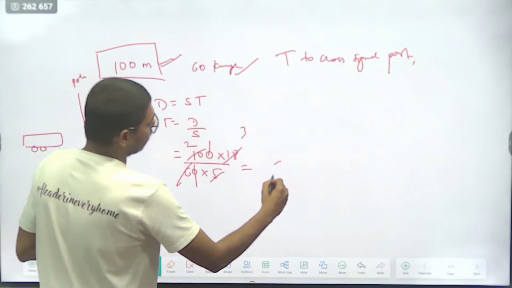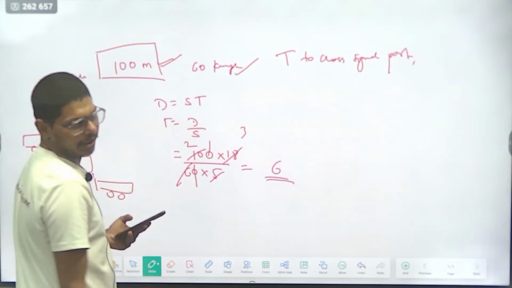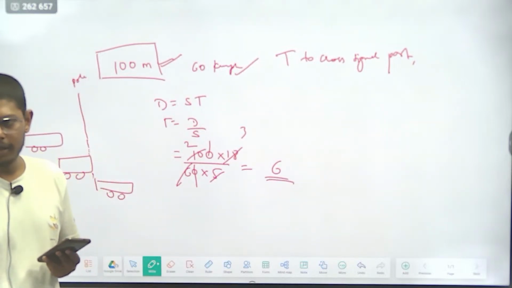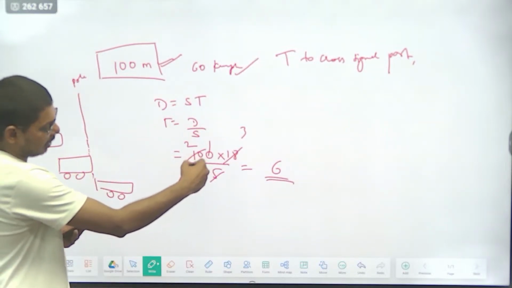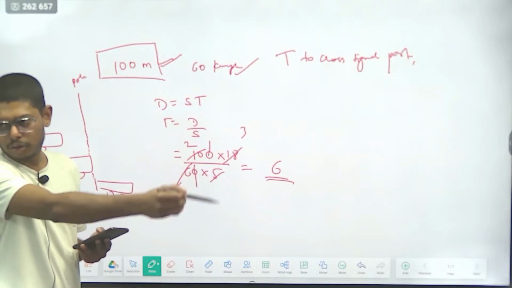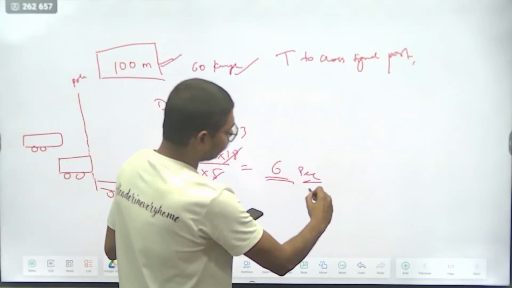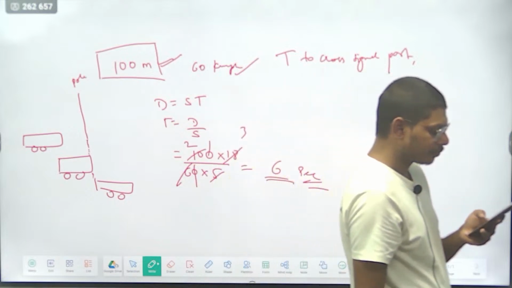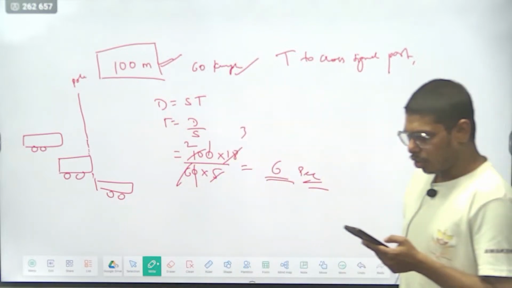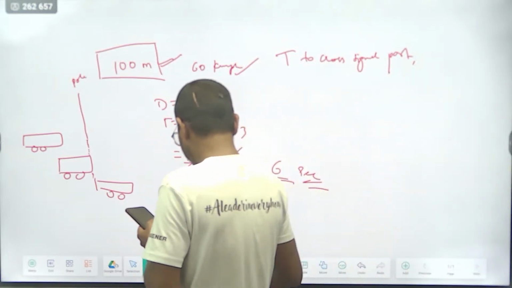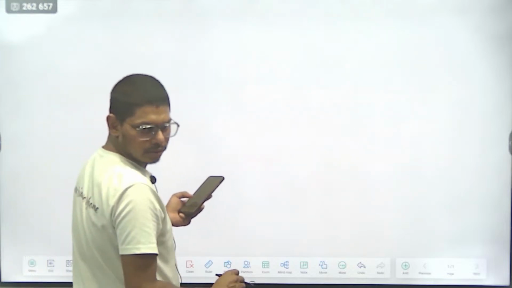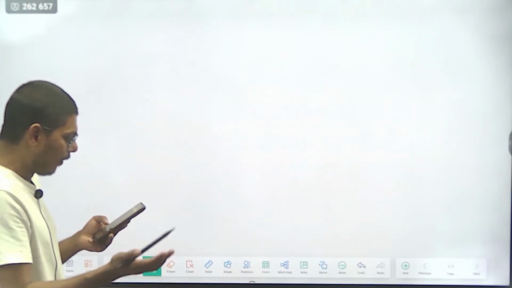How much is that? 6 seconds. Why? Because we have converted 60 kmph into meters per second. That is why this is 6 seconds. Easy one. We'll move to the next one. If you have any doubt you can ask.